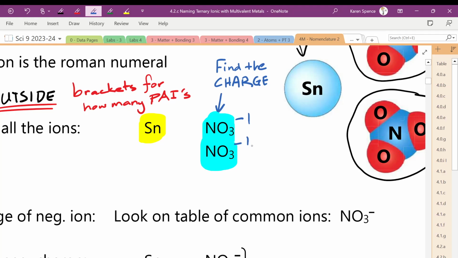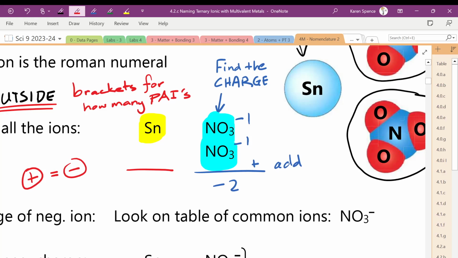Because what do we do with those 2 negative 1s? We add them up. Okay, so now we add, and what's the total when we add negative 1 and negative 1? We net negative 2. The next thing we do is we go over and say the positive has to equal the negative. So how much positive charge do we have? We have 2 plus. And sometimes you'll have 2 positive ions, sometimes you'll have 3 positive ions.